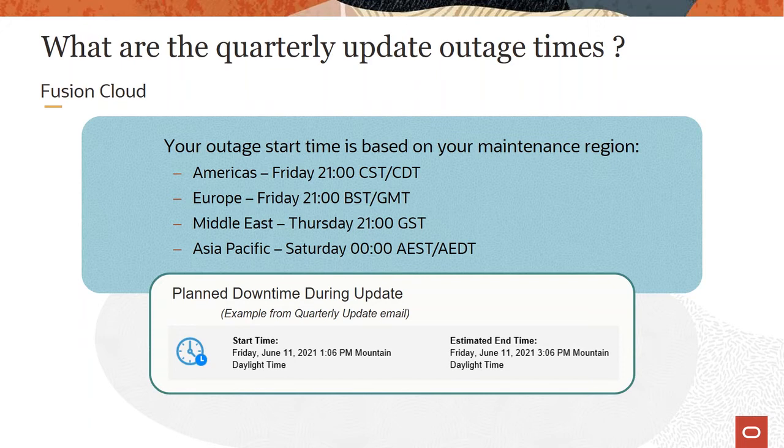But generally for the Americas, it would be a Friday at 9 p.m. Central Time. In Europe, it would be 9 p.m. GMT. And in the Middle East, it would be 9 p.m. GST. And Asia Pacific, it would be at midnight AEST or AEDT.